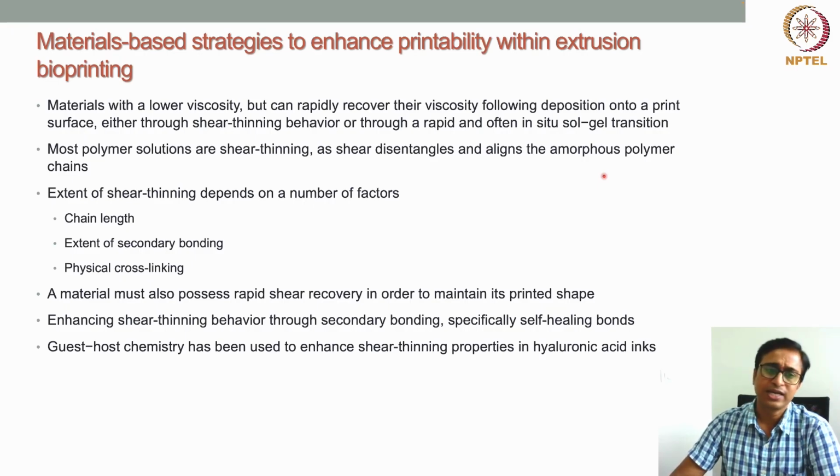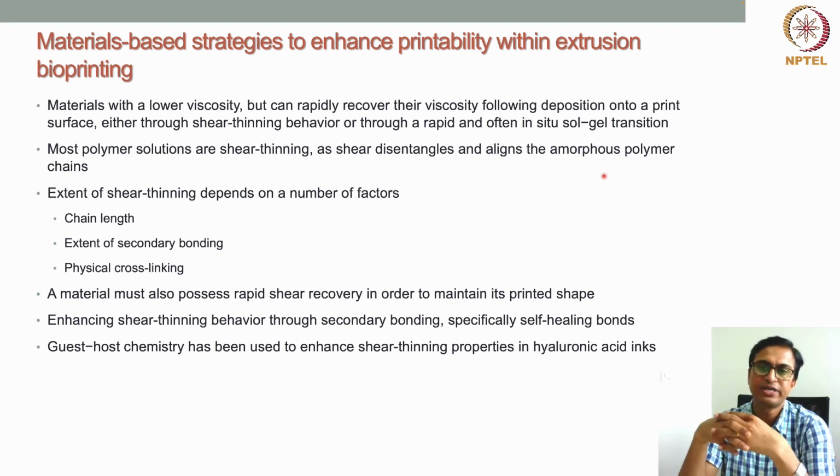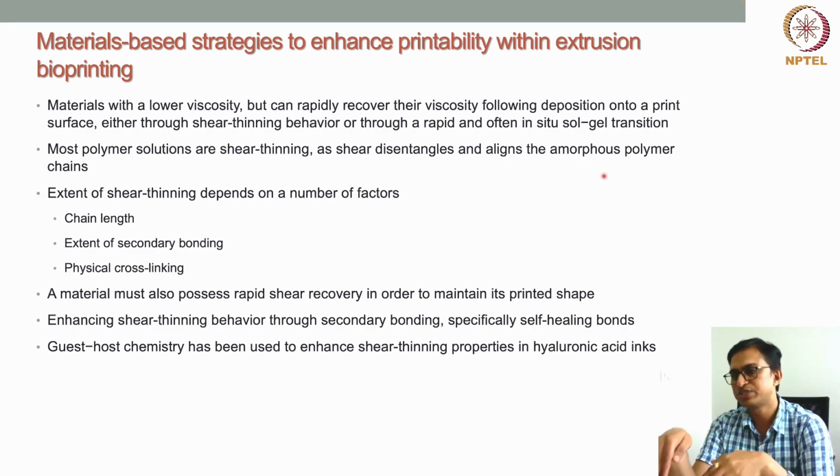Now there are a number of factors that determine the extent of shear thinning of a material. As I have already said, for extrusion based bioprinting, a highly shear thinning material is very good, because initially at low shear or no shear, it has a very high viscosity. When you apply high shear, the viscosity comes down.